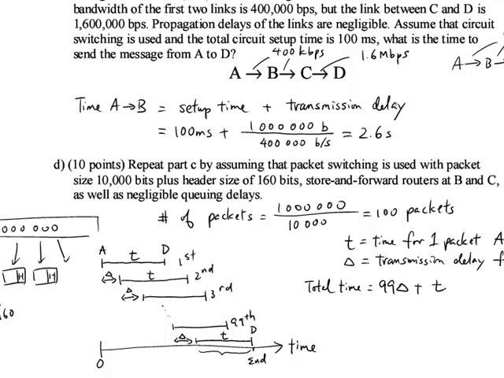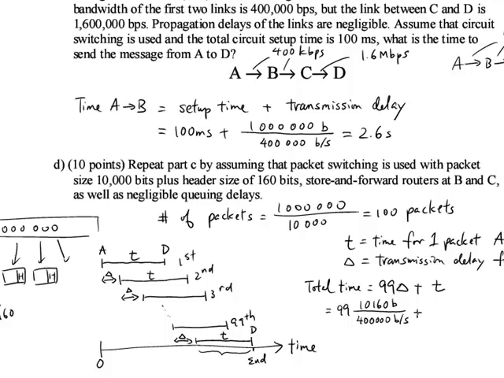Okay, so now we have that. We can plug in the numbers. For the transmission delay for one packet, the length of one packet is 10,160 bits, and the transmission bandwidth is 400 kilobits per second. That's delta.